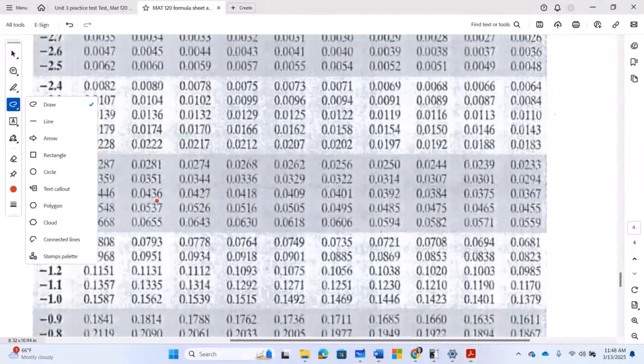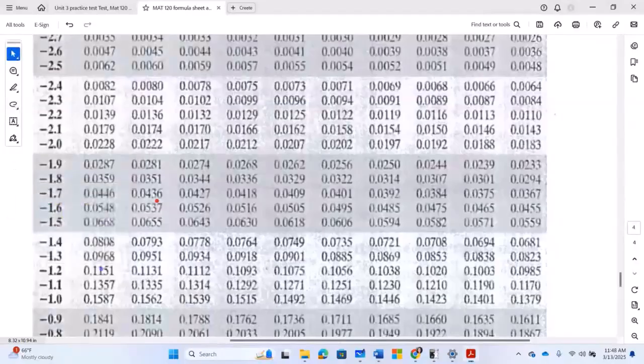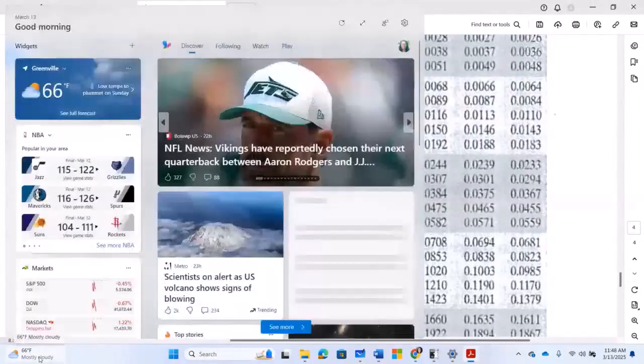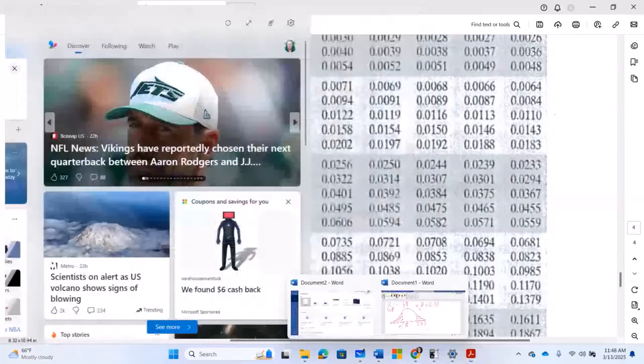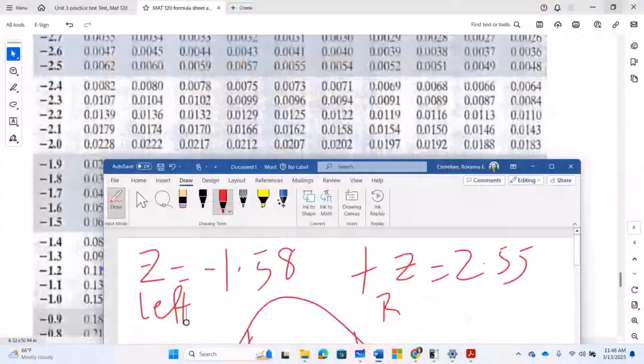Then I'm going to put this in my chart here. What is the number?